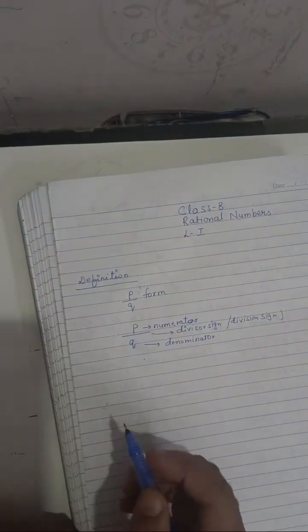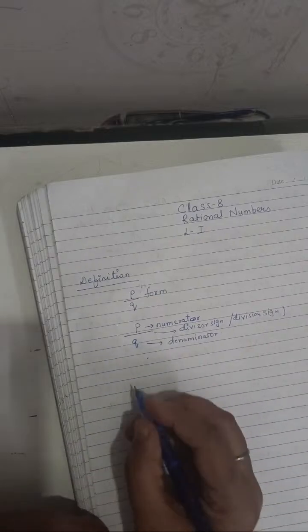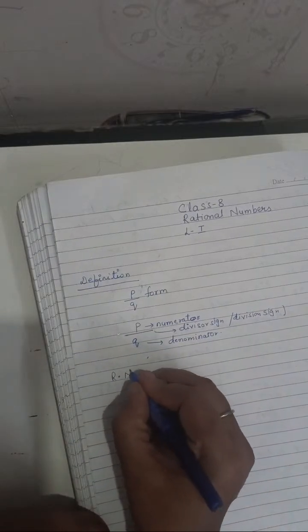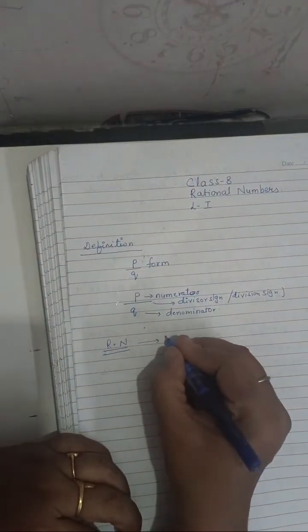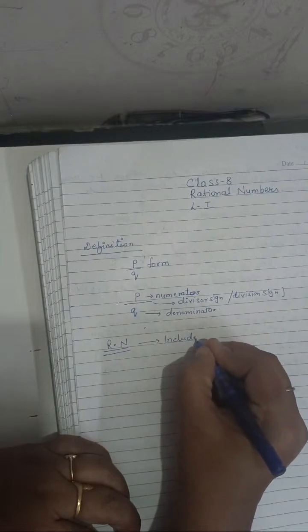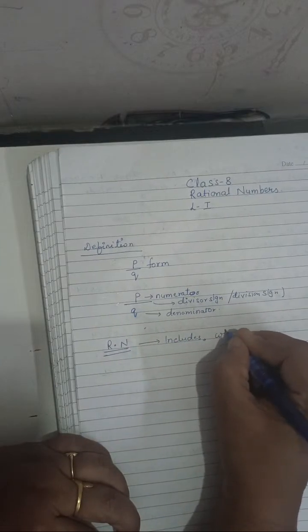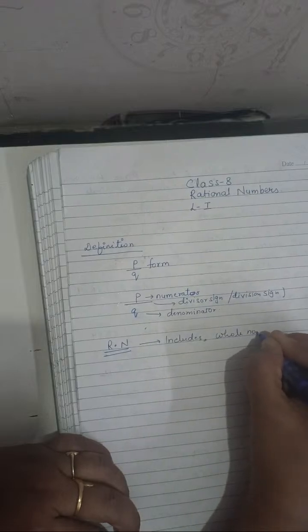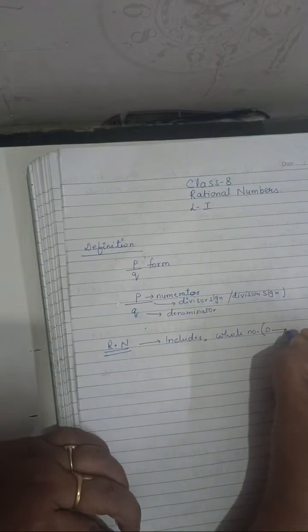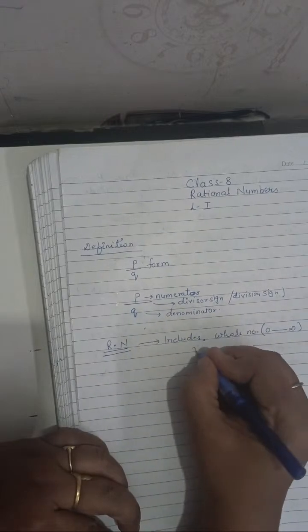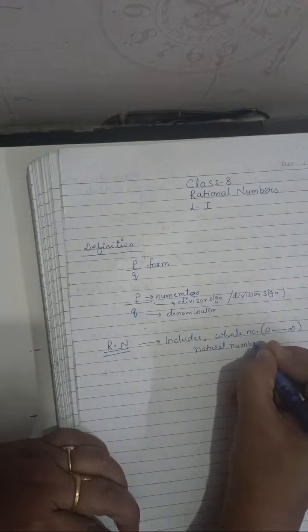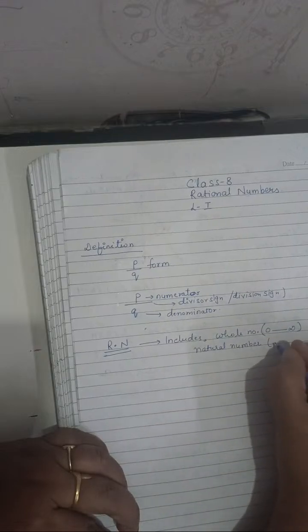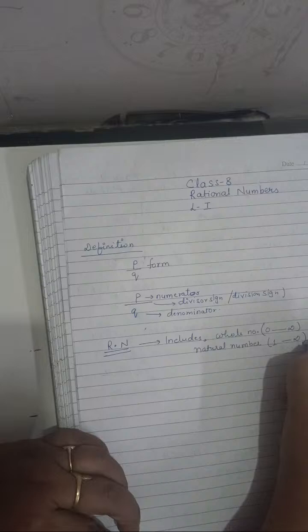Now the rational number includes all kinds of number. For rational number I am using the letters Rn. So rational number includes whole numbers, that means from 0 to infinite. Natural numbers, that is 1 to infinite.